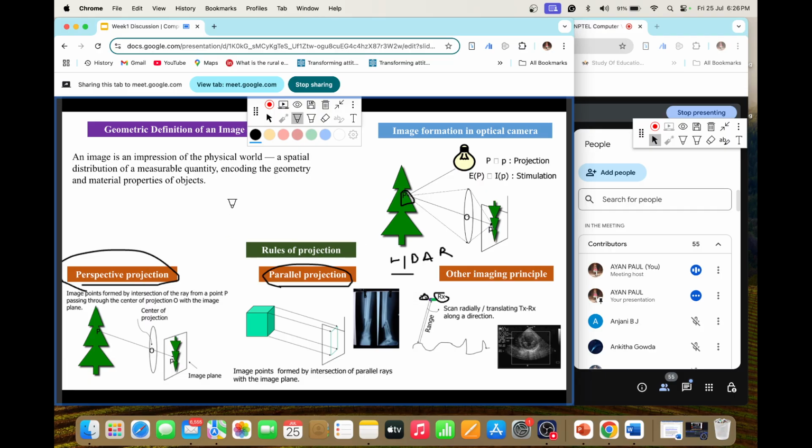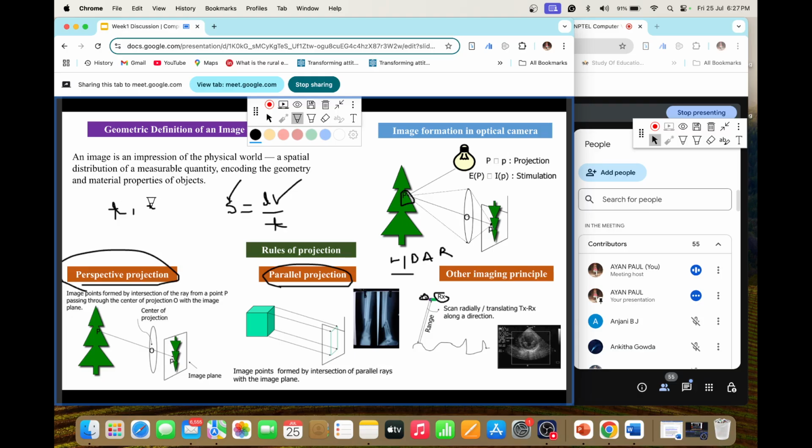Now you know speed equals distance by time, d by t. With LiDAR, what we are interested in is finding the distance. Speed we know because it is the light which is traveling. Time we get to know because, let's say, the moment we transmit the signal it is t1, and the moment we receive it, it is t2.